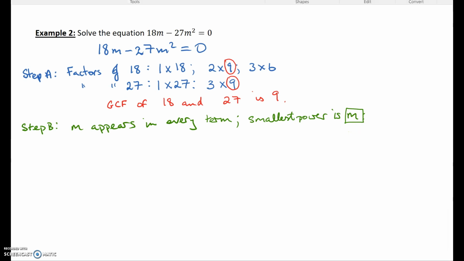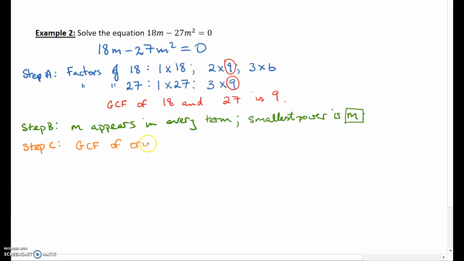Step C is to combine our answers from step A and step B. So the GCF of the entire original expression is the expression that's on the left hand side of the equation.